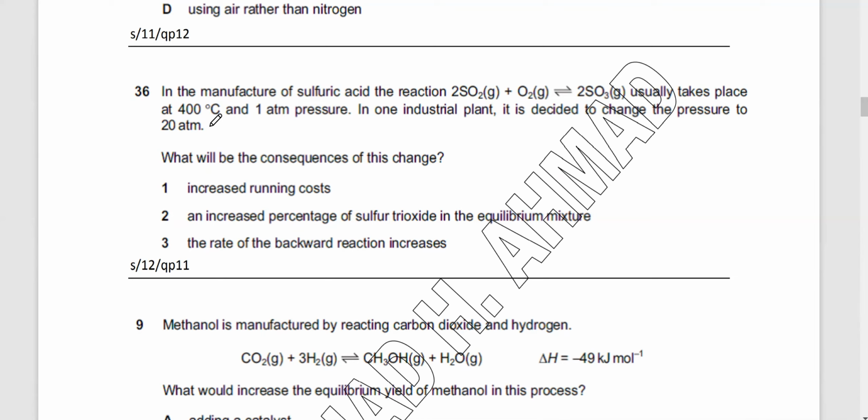The rate of backward reaction actually does not increase, because it just increases the forward reaction. Remember, when you talk about equilibrium, you're talking about the relative rate. The forward is faster compared to the backward, right? But the third statement is not actually about equilibrium. It's talking about rate. What happens when you increase pressure?